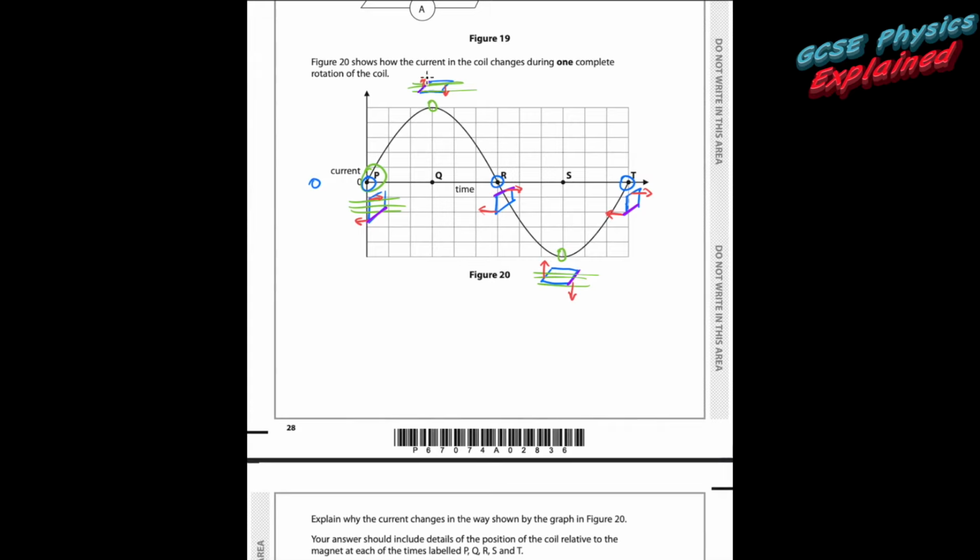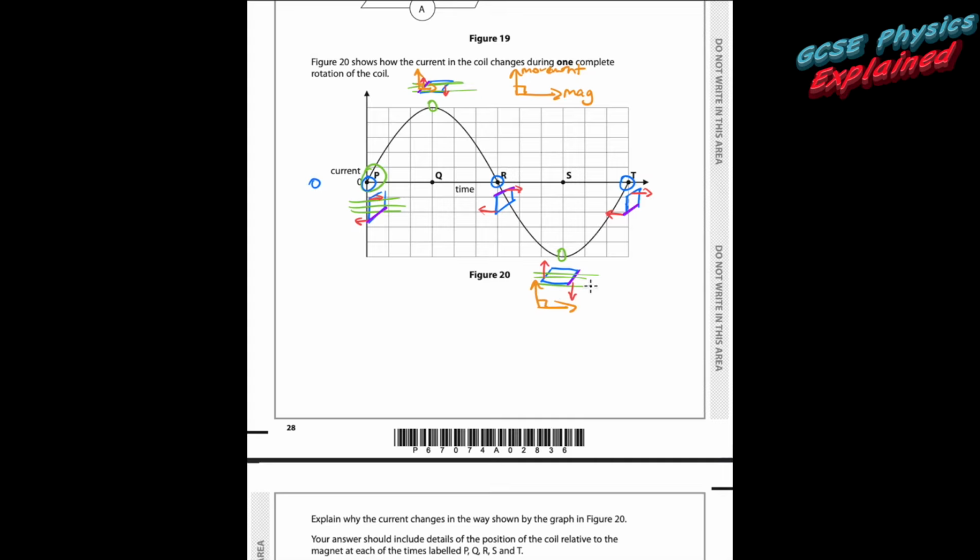So it's moving up here and the magnetic field's there. So that is perpendicular. Remember, something's perpendicular when they're at 90 degrees to each other. So you've got the mag field and then you've got the movement. That's perpendicular. And it's the same here. The movement is going up by those red arrows, and the mag field is going across that way.